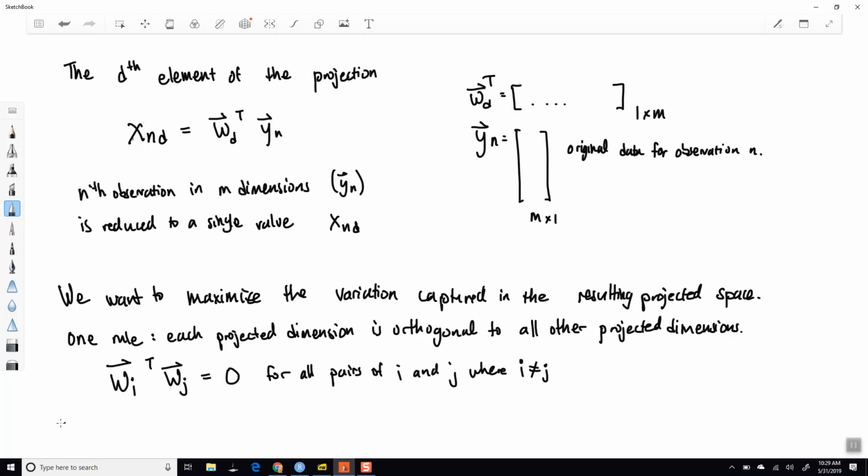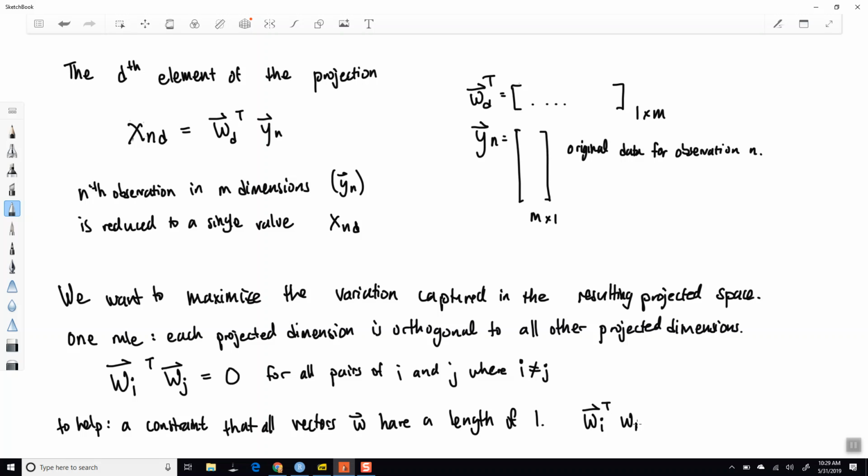And then, just to help us, we'll set a constraint that all vectors have a length of 1. So that is to say w i transpose w i is equal to 1.